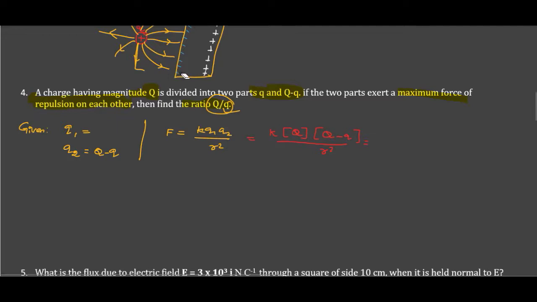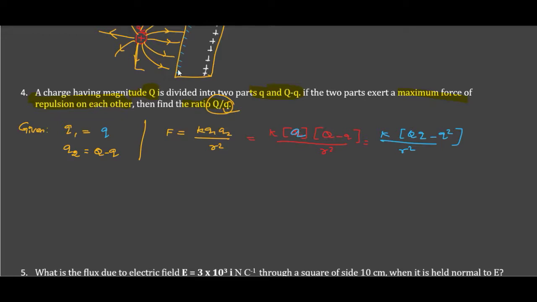In this case, the first charge is the q they have taken. This magnitude is capital letter Q, so here we have to make it small q. So if we multiply this, k q into (Q minus q) divided by r square. So this is the repulsive force. Clear? But they are asking about the ratio.